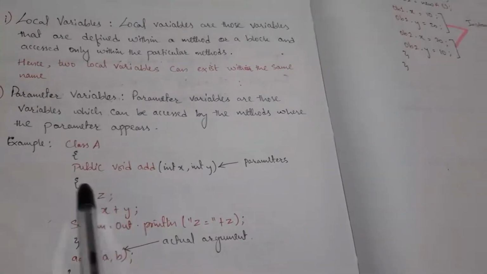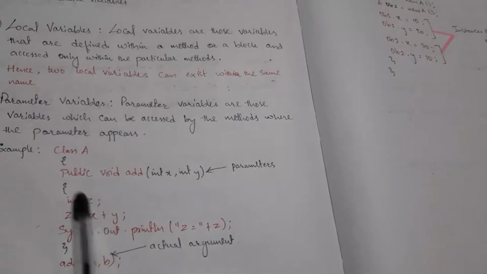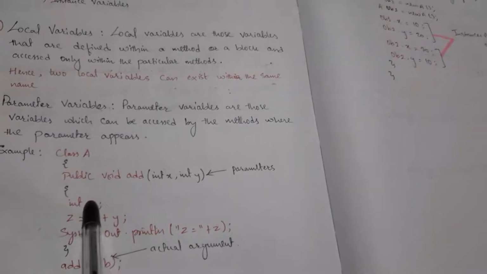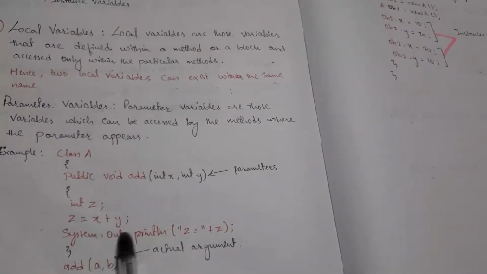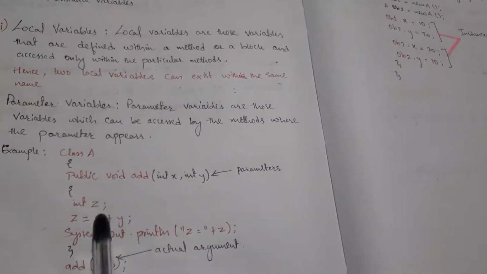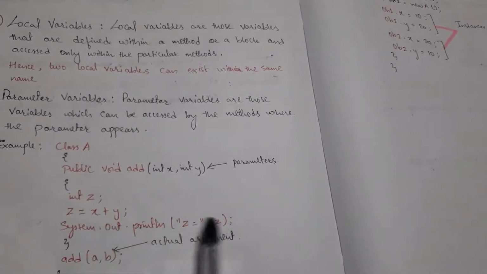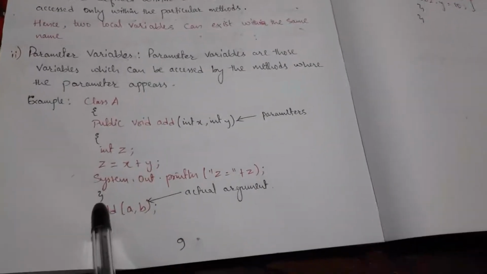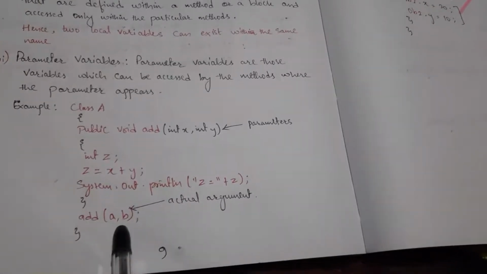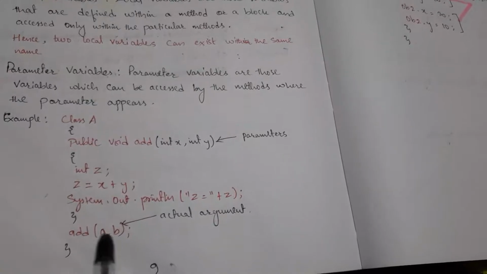So whatever will be given inside the curly braces of the method, that is called as a block, that these curly braces form a block. Inside which the computation or the calculation portion can be seen out here: int z = x + y; System.out.println(z). Now after closing the curly braces, again some variable has been mentioned outside the curly braces also, add(a, b).